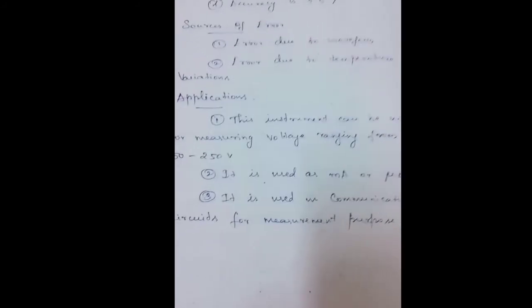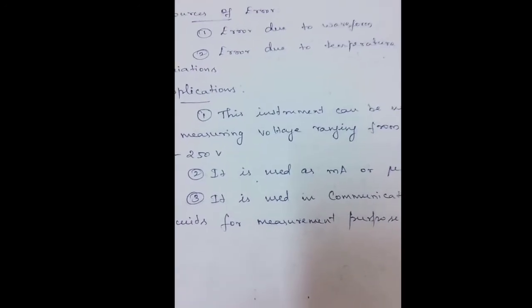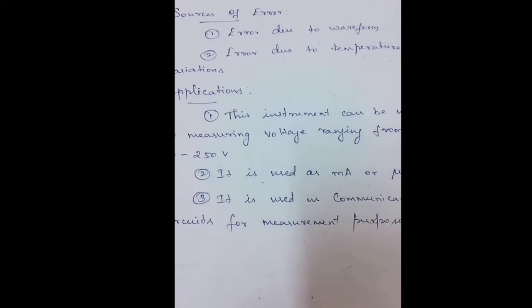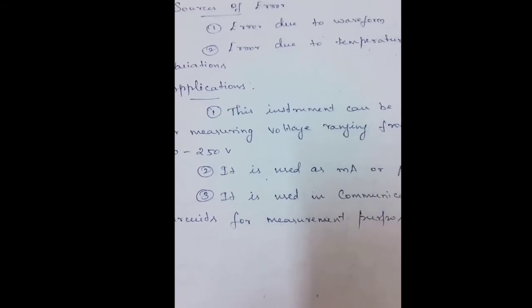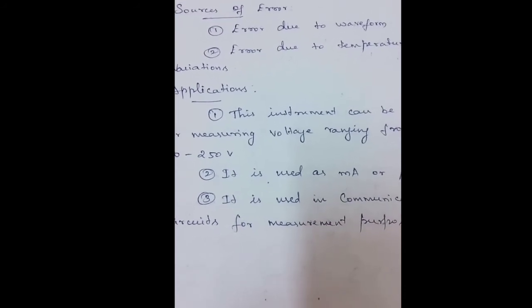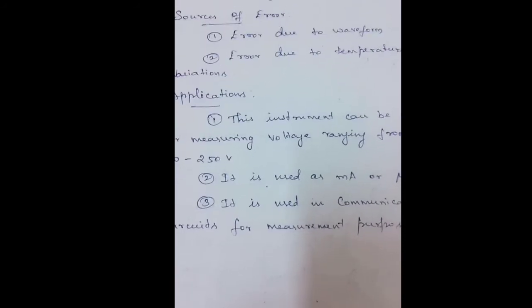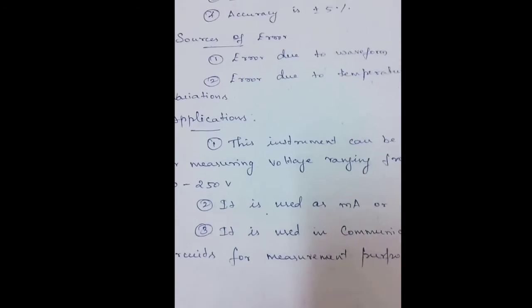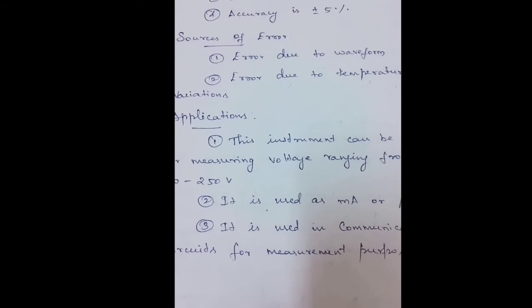Regarding the errors, in the case of this rectifier type instrument, error can occur due to two main reasons. We are calibrating this PMMC instrument for different types of waveforms. Initially we found the form factor for a sine wave, and when we multiply that form factor with the average value, we could use this instrument for measuring AC values. For every type of waveform, the form factor differs.